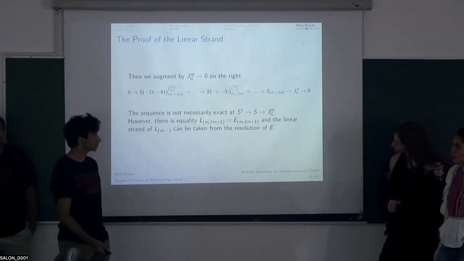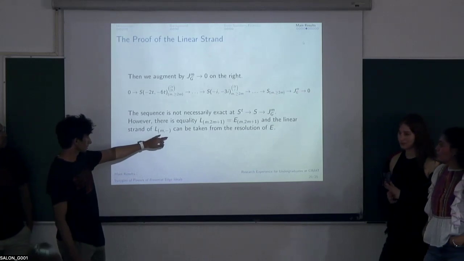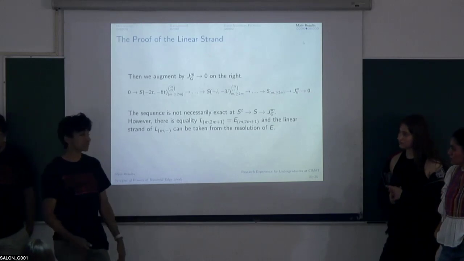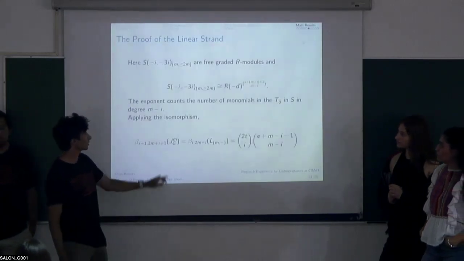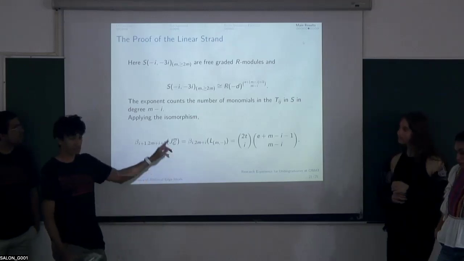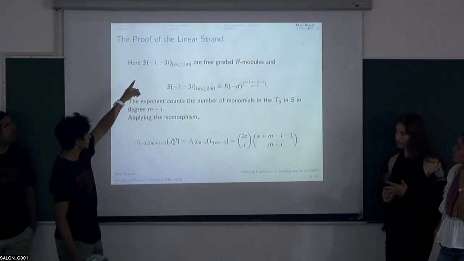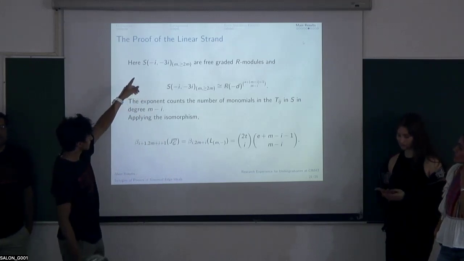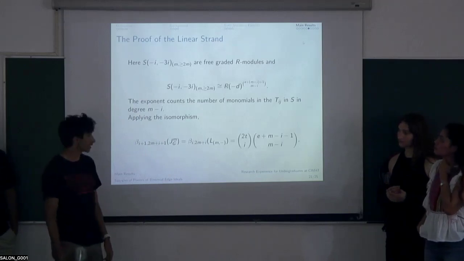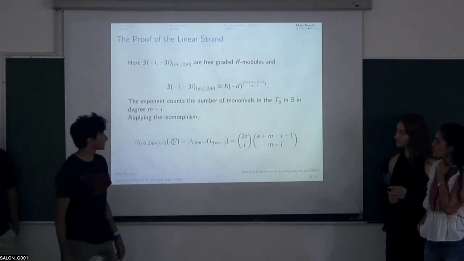For this reason, we can take the linear strand LM dash from the resolution of E. Now we want to think about what the Betti numbers here are. First we see that each of these S with the little twists are actually free graded R modules of this form, negative d to this exponent.